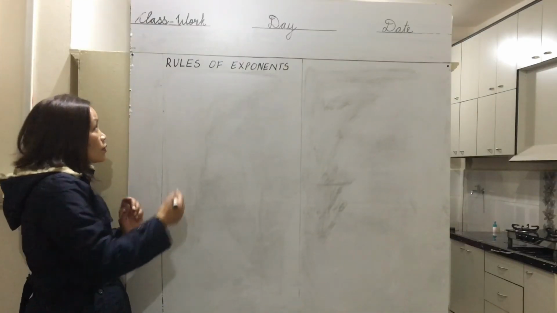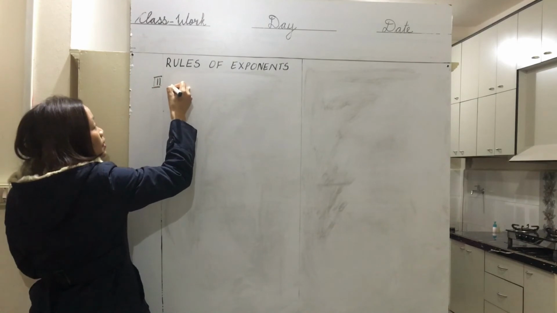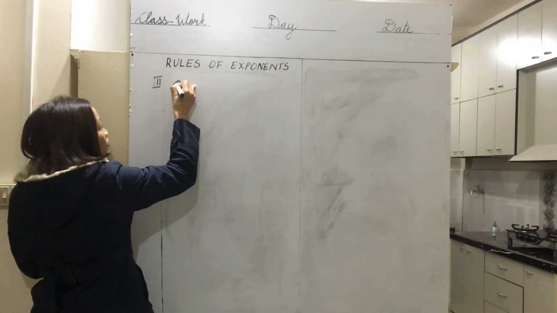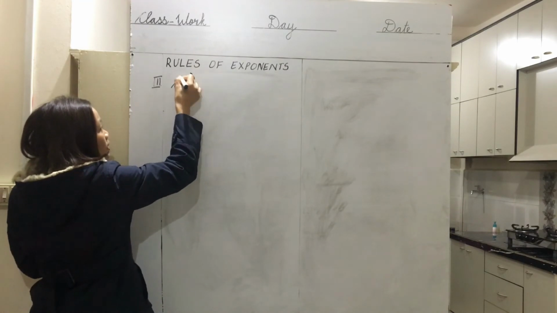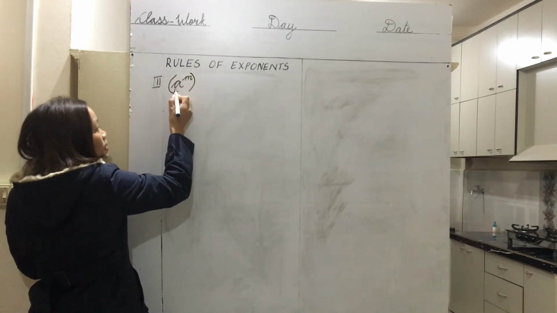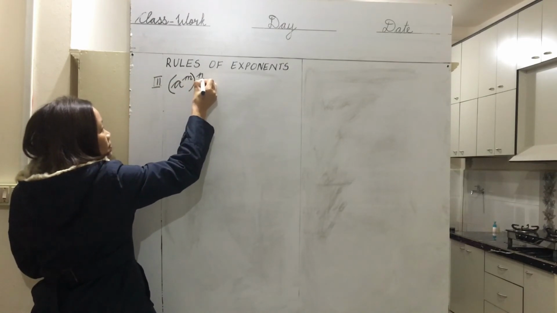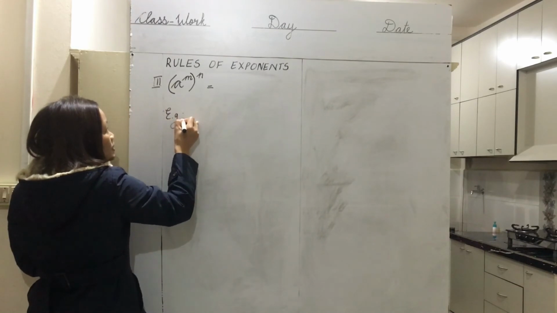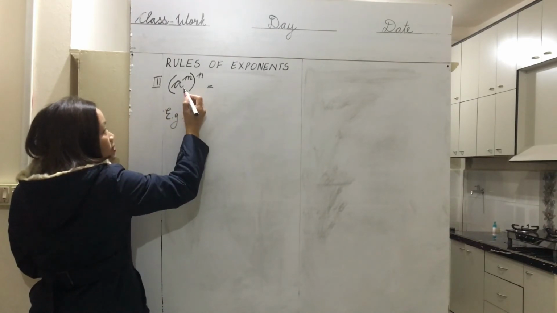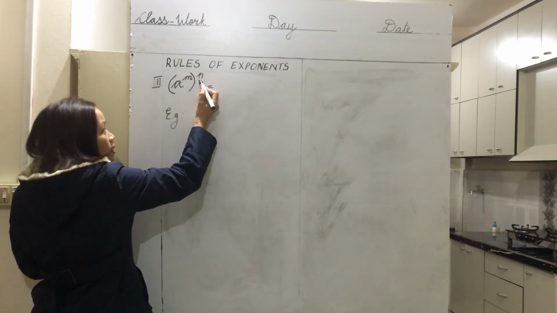Then rule number 3 is a to the power m. When we put bracket like this, we read it as a to the power m whole power n, right? This means when we have numbers like this, there will be a base and there will be a power and there will be another power outside it.